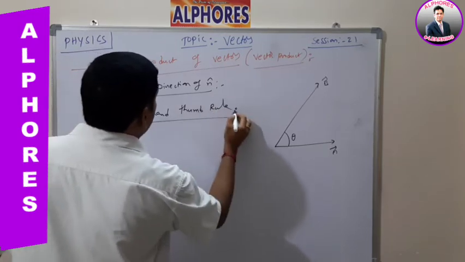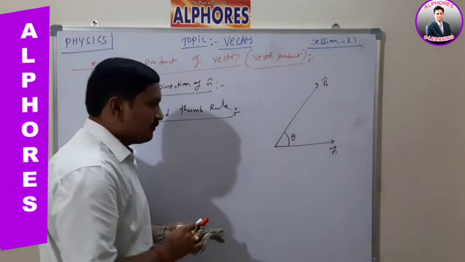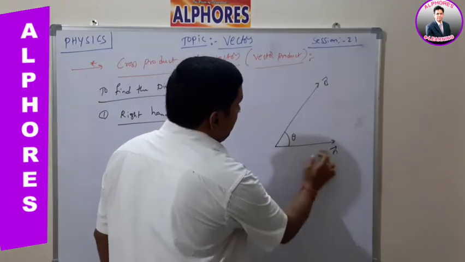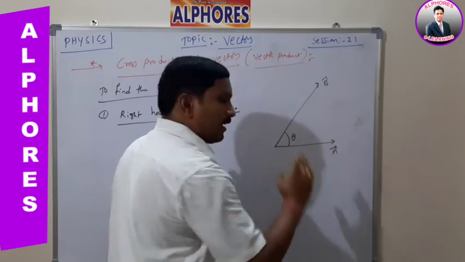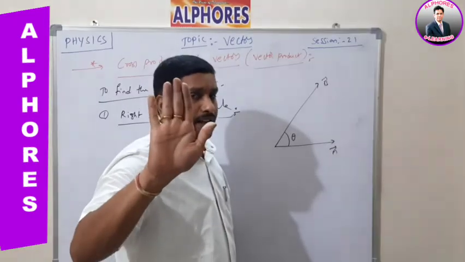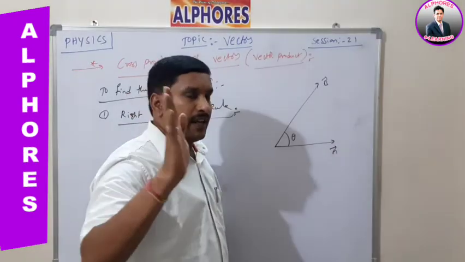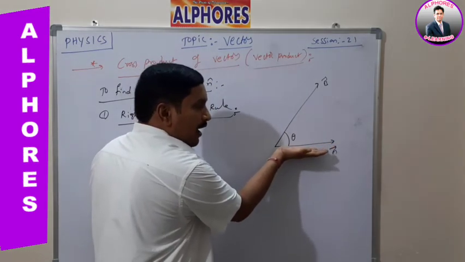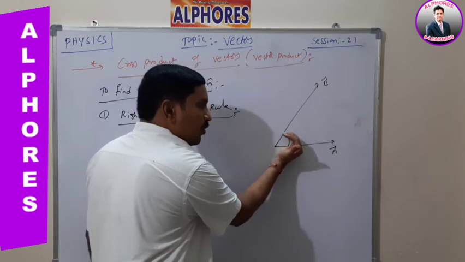What is meant by the right hand thumb rule? Listen carefully. These are the two inclined vectors, A bar vector and B bar vector, inclined by a certain angle. This is the right hand. The four fingers of the right hand are placed in the direction of A bar, and these four fingers are rotated towards B bar.